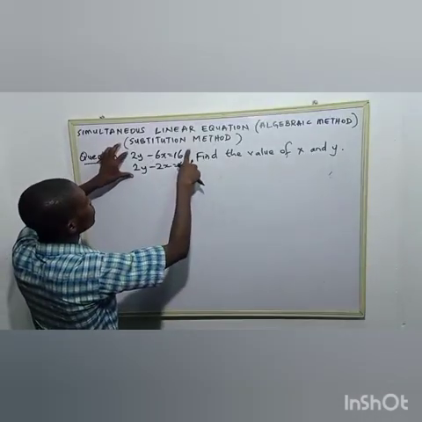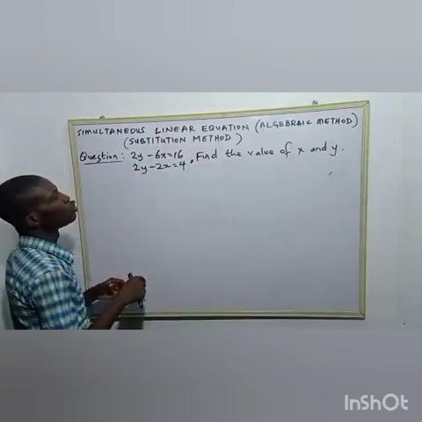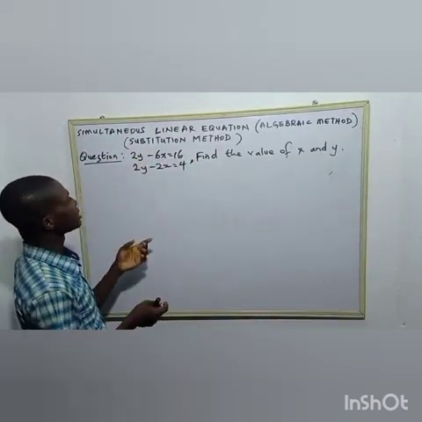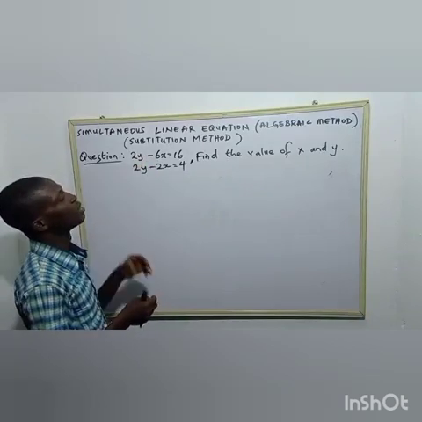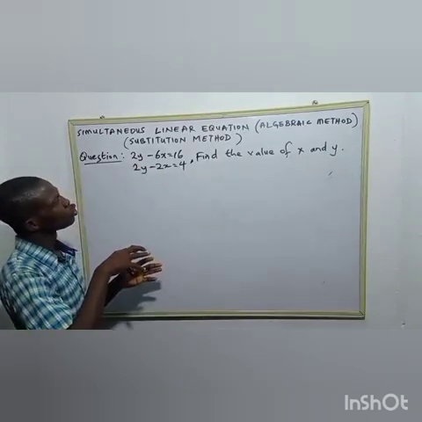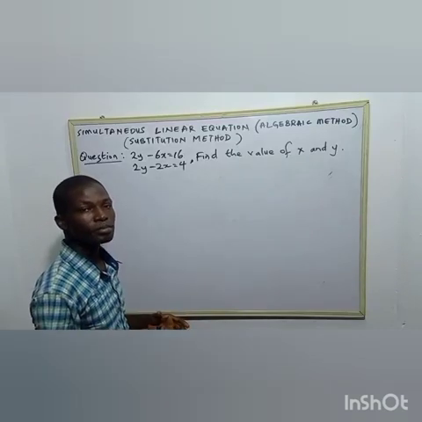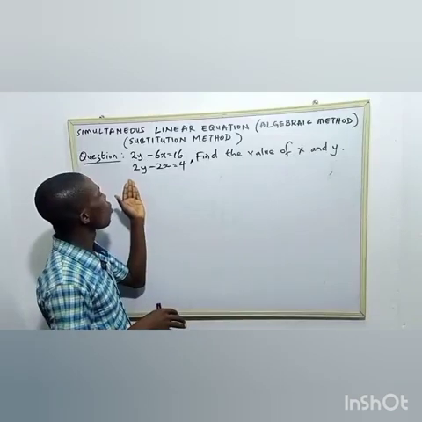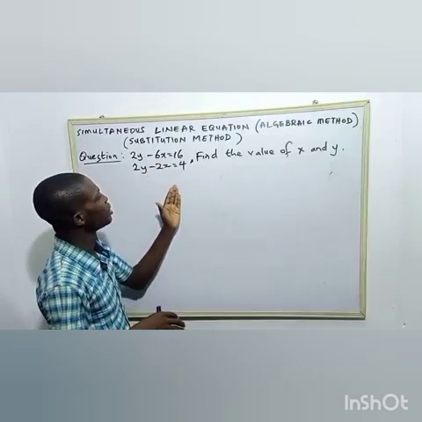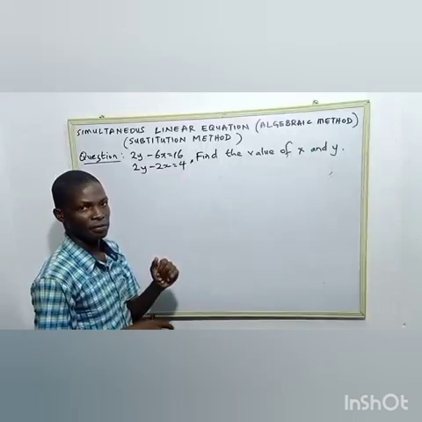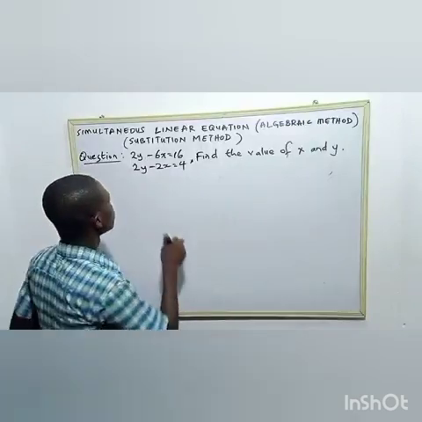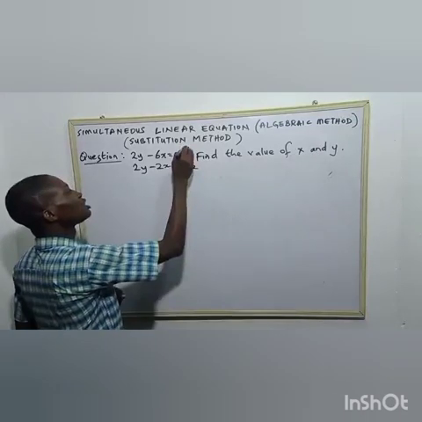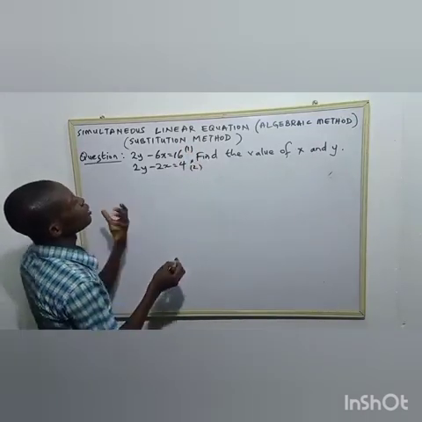For you to do this one in substitution method, you must make one of your variables, that is x or y, the subject of the formula, which will make us work out one of the two equations to get our equation 3. So these are equation 1 and equation 2. Let's take note like that, okay? And we need equation 3.